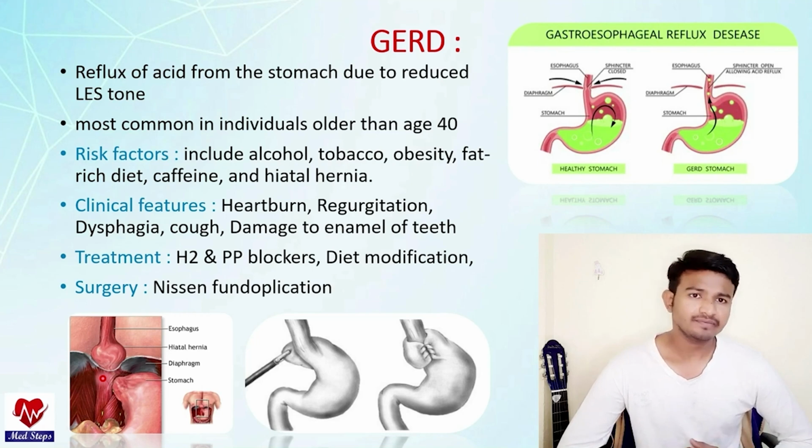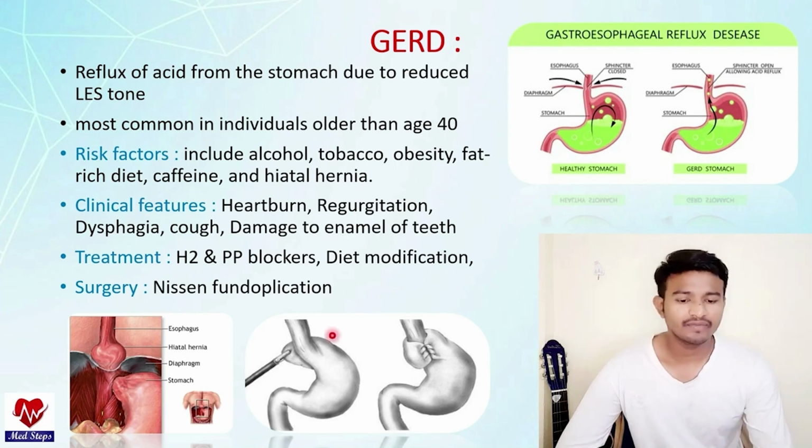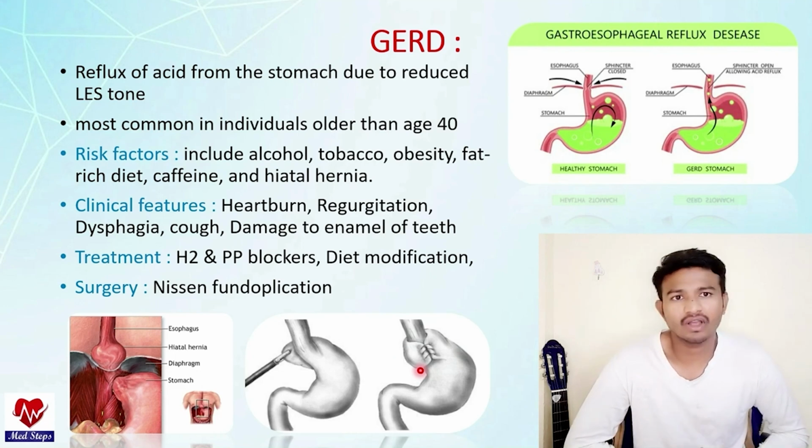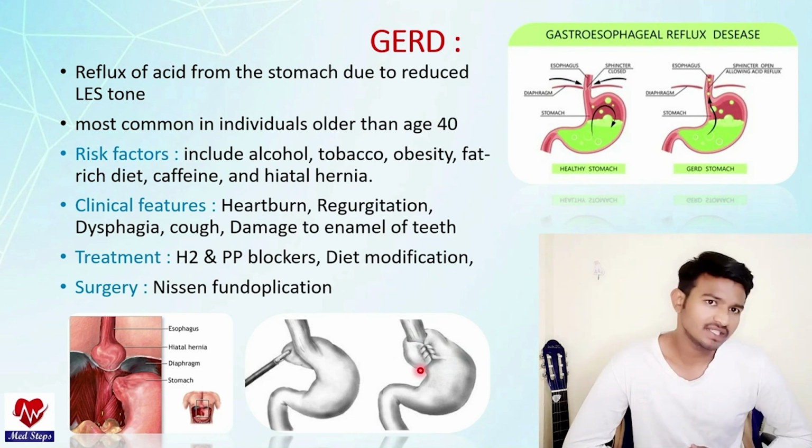Omeprazole, pantoprazole, rabeprazole, and lansoprazole. For surgery, we can refer for Nissen fundoplication. If you see this picture, the fundus part of the stomach is stretched and folded like this, and the doctor stitches it here. This type of surgery is called Nissen fundoplication.